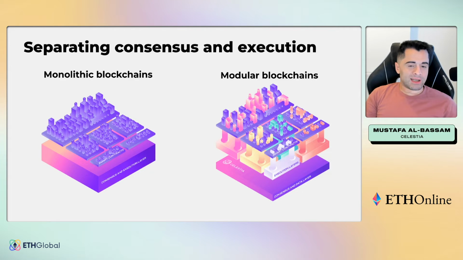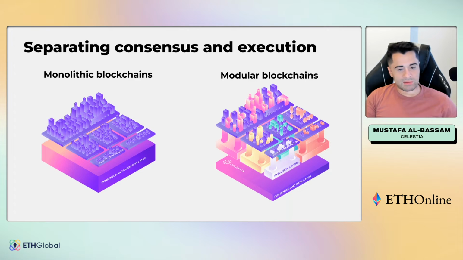And basically what you end up with is a modular blockchain paradigm where, instead of having the consensus layer and the execution layer enshrined into each other, like Ethereum was when it first launched, you now have this modular blockchain ecosystem where the base layer is only responsible for consensus and data.